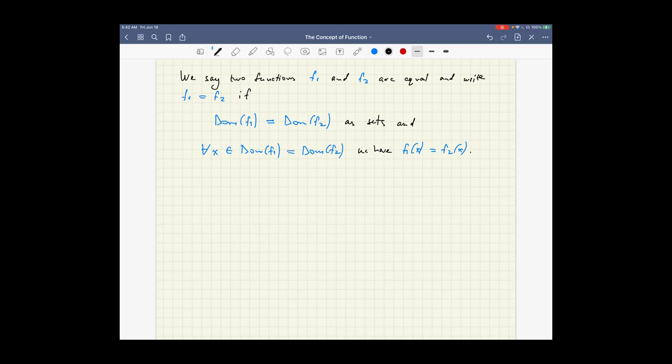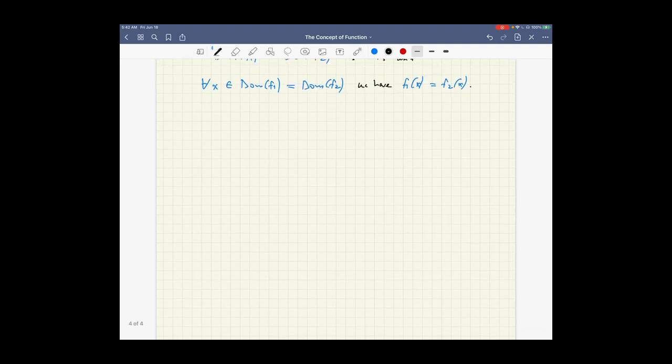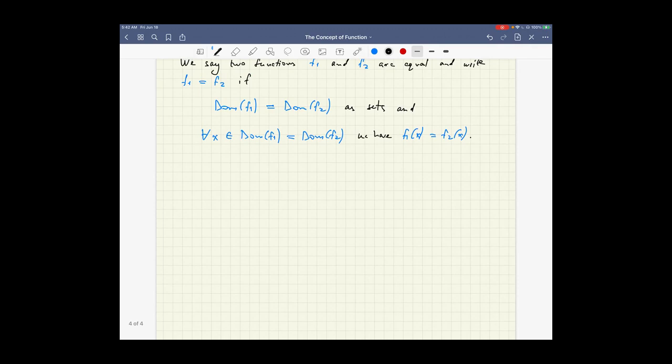All right, finally, I'd like to say a few words about the idea of graph for relations and functions. It'll be a simple definition.